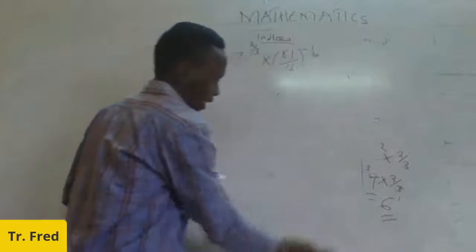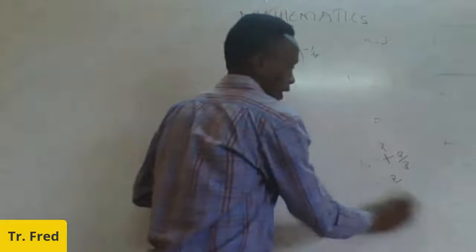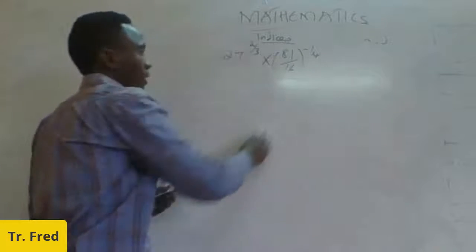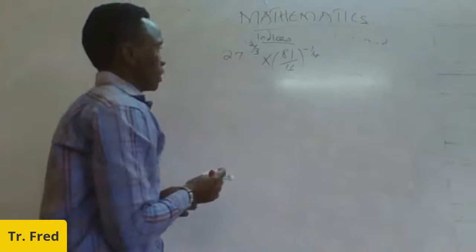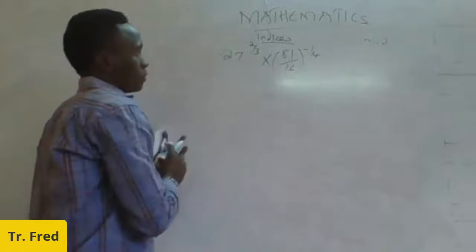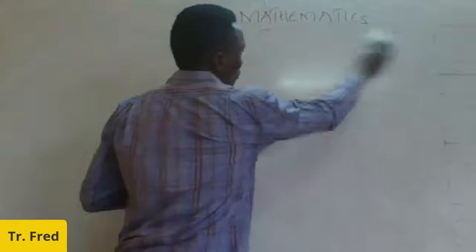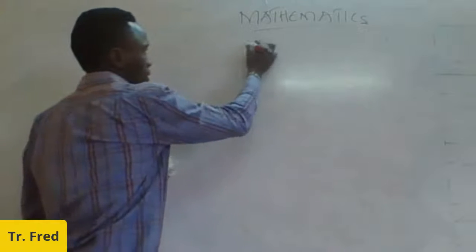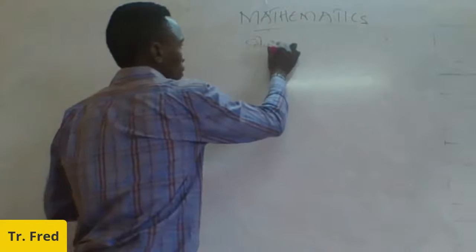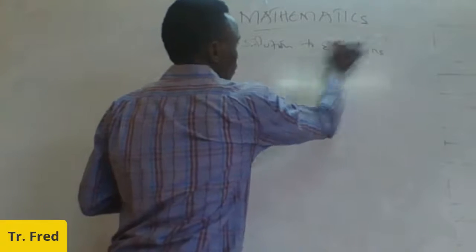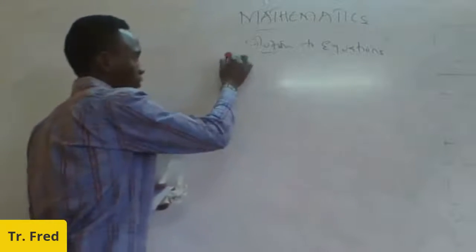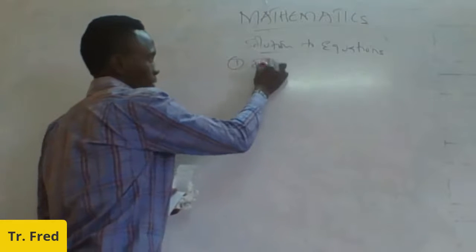Now we can look at another example, or another sample of a question which normally tests on methods of solving simultaneous equations, and there are different methods of solving equations. One of the methods is the elimination method.